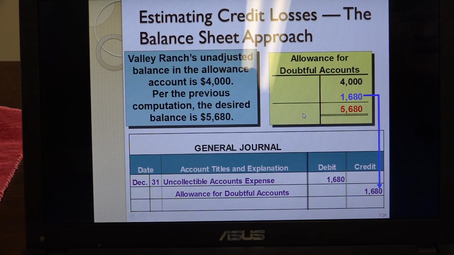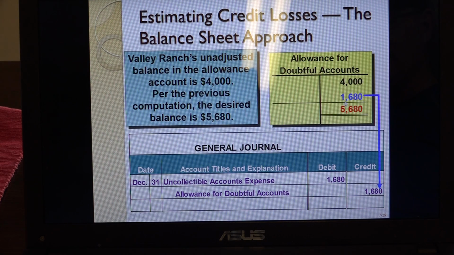Maybe some of that over 90 stuff is considered in this prior year bad debt expense. You know, if that over 90 column goes 90% uncollectible, you're going to need more than 4,000 in there. So maybe that is factored into this number.